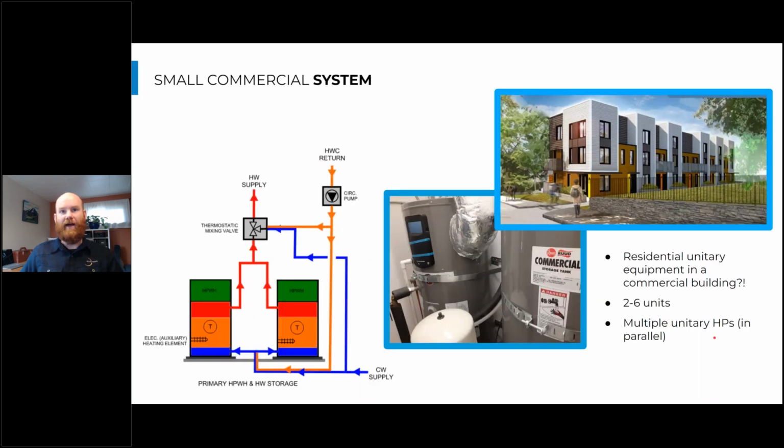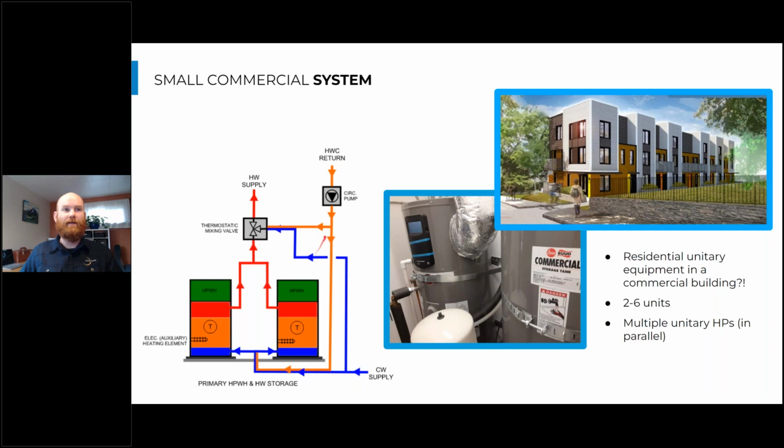So if we have a small commercial building, maybe 2 to 6 residential units, a residential or a unitary heat pump water heater might be the most economic solution, and it's still going to achieve really a high level of energy savings.